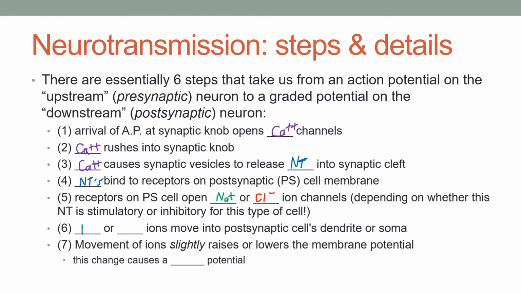So our sodium or chloride ions move into the postsynaptic cell's dendrite or soma. This slightly raises or lowers the membrane potential, causing a graded potential to occur.